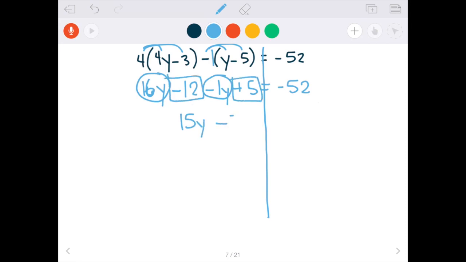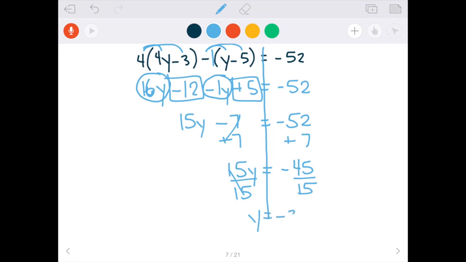Negative 12 plus 5 is negative 7. Add 7 to both sides. Divide by your coefficient.